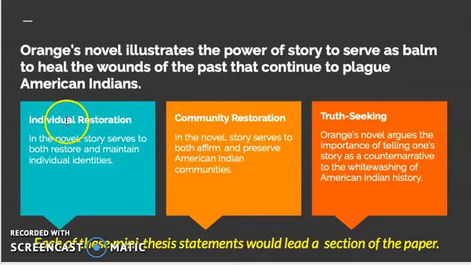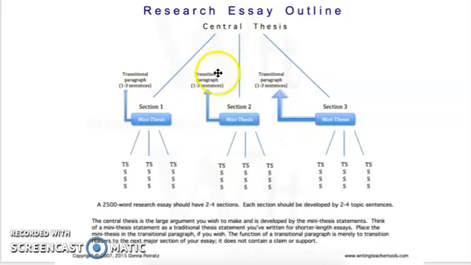And so individual restoration would be one mini thesis idea. Community restoration could be another thesis idea. Truth seeking could be another mini thesis idea. And again, we'd have multiple topic sentences underneath each one of those. So that's how we could start to get the large broad strokes of our outline started if we were using that first focus of looking at a particular theme.